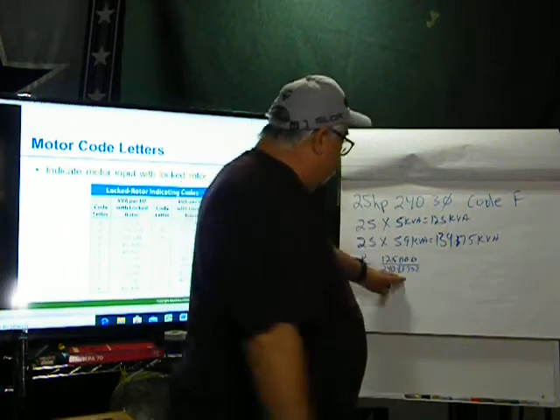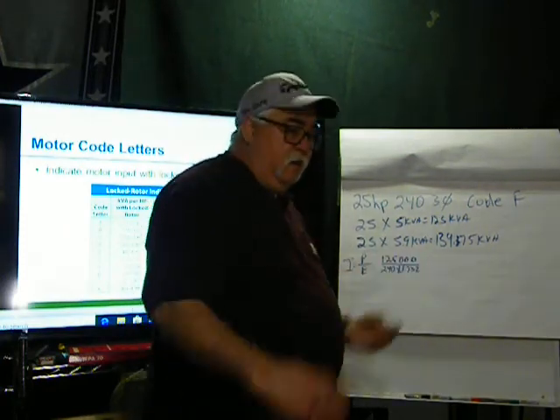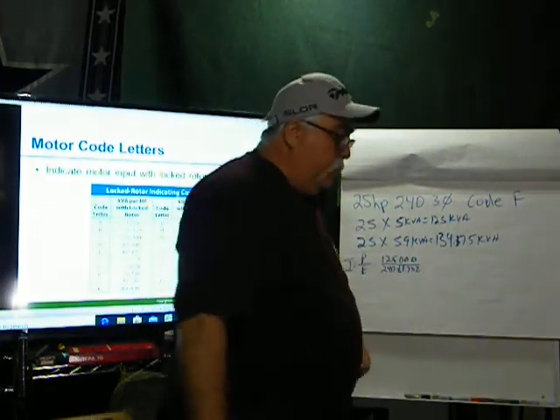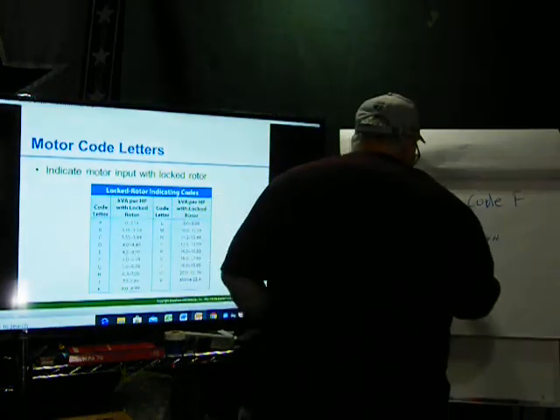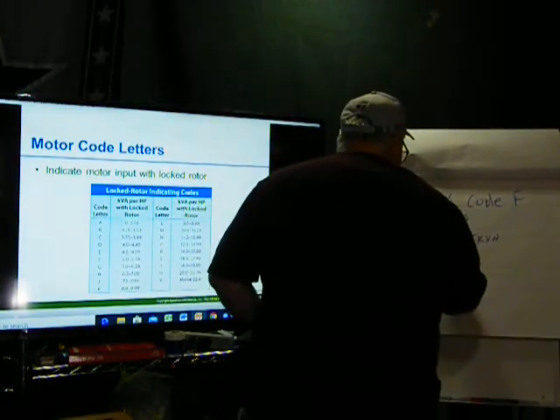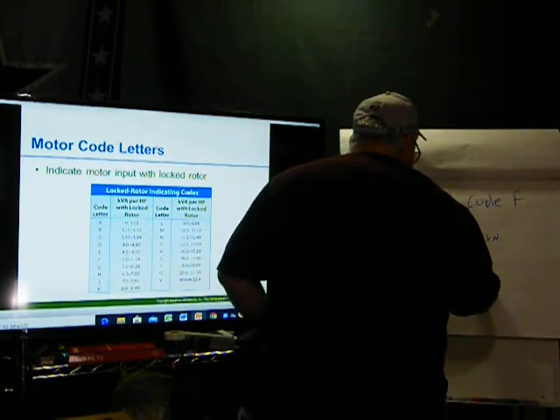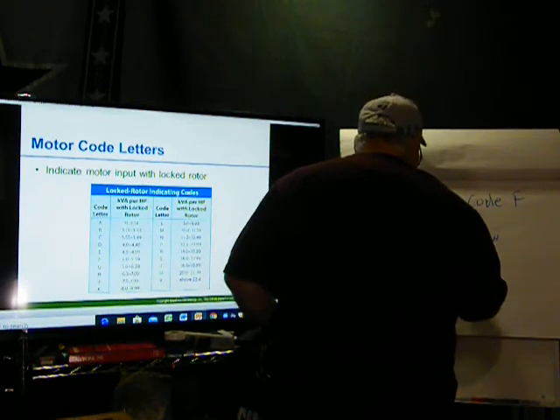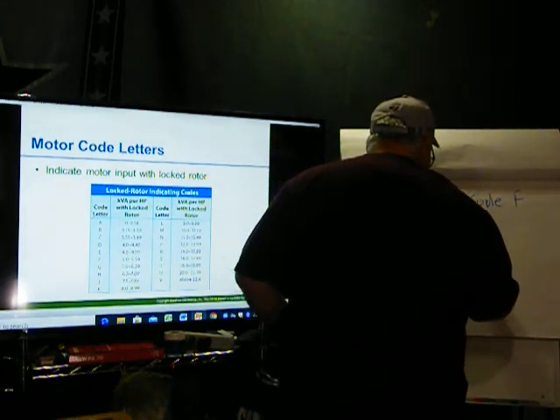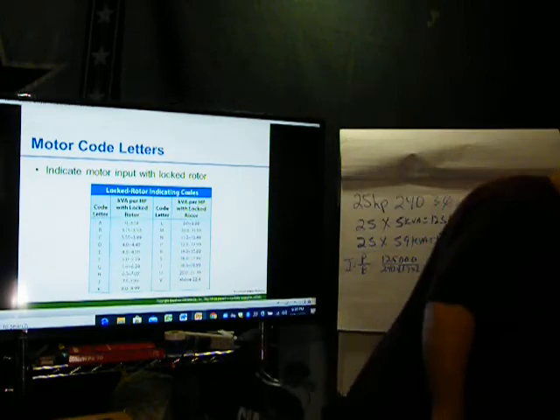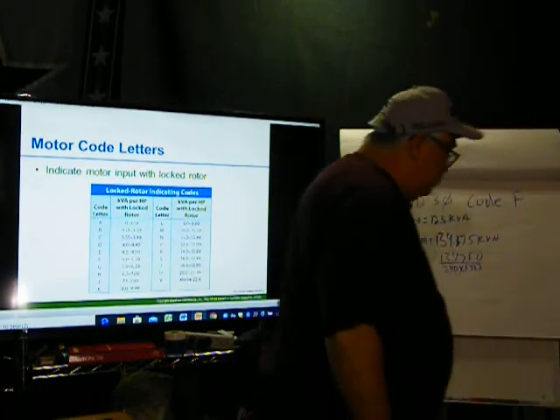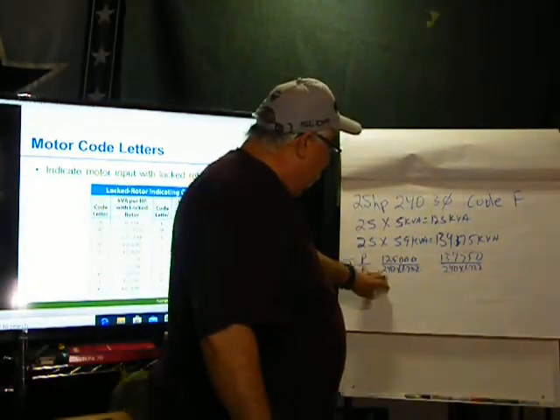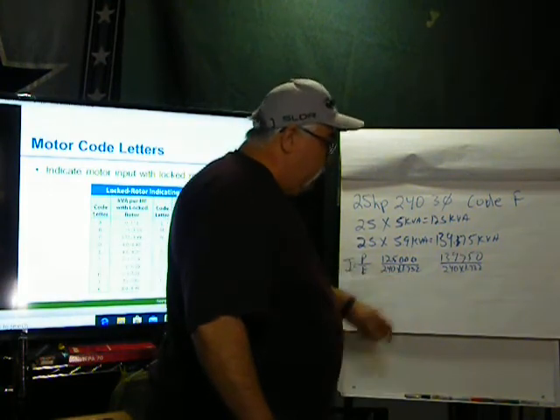Okay, in the book they're telling you to do this on the side and then divide it. I don't do it that way. I'll just put it under here. And then the next one is 139,750, and again, 240 times 1.732. That was a three-phase, right? So again, remember, these are bottom number dividers.